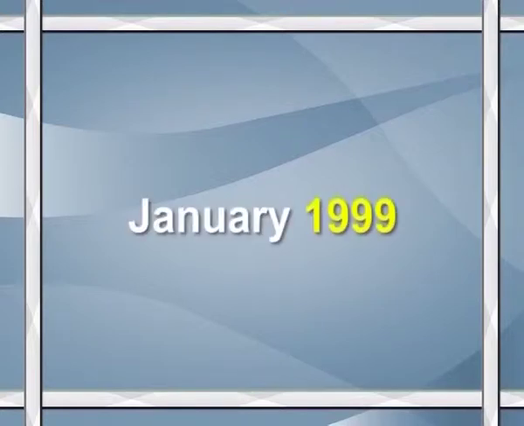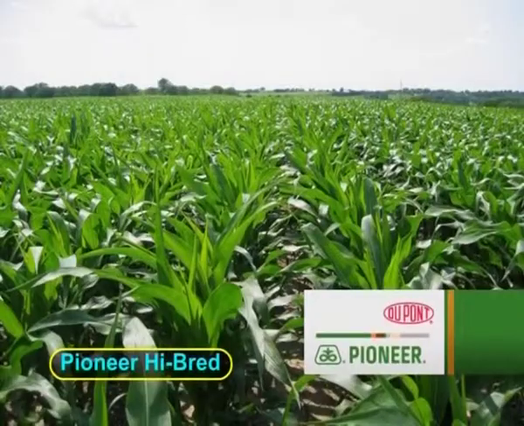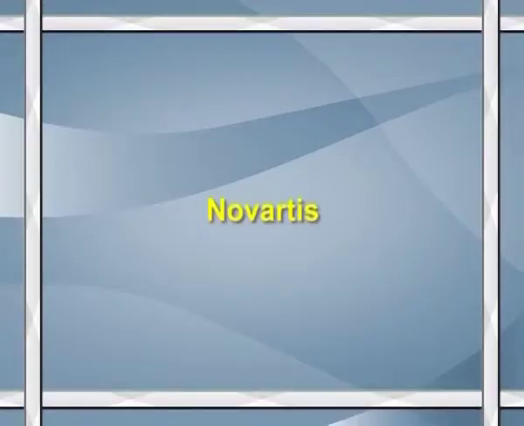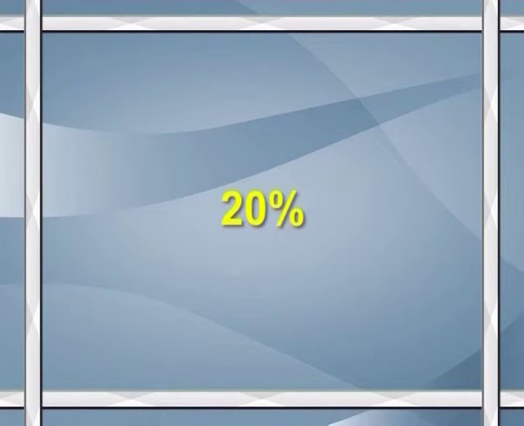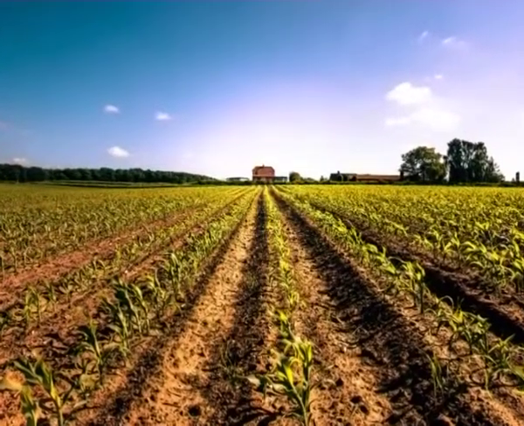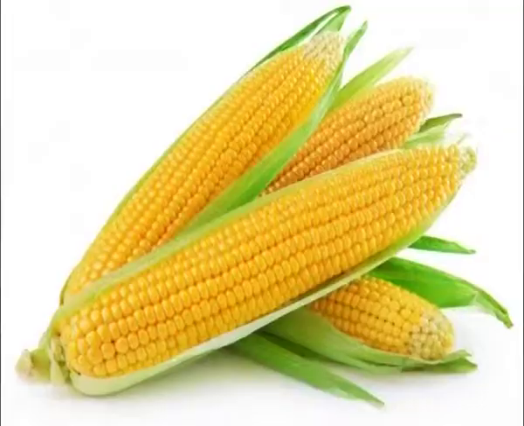With this in mind, in January 1999, 4 major producers of Bt maize plants such as Monsanto, Pioneer Hybrid, Novartis and Mycogen Dow AgroSciences proposed that 20% of farmland should be set aside for non-transgenic crops when Bt maize is grown.